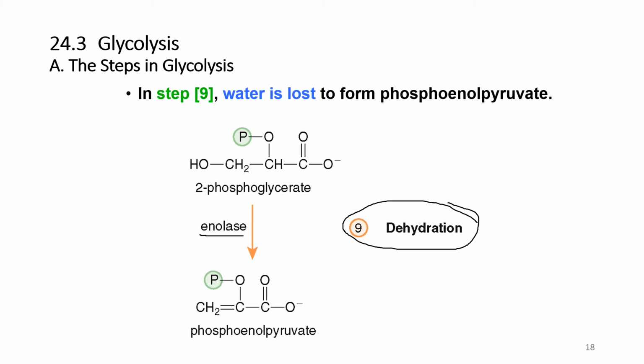This is a very high energy molecule, and it will be converted to pyruvate in the last reaction, or the 10th reaction. And what happened here in this dehydration was we removed a molecule of water and created a double bond between 2 carbons.